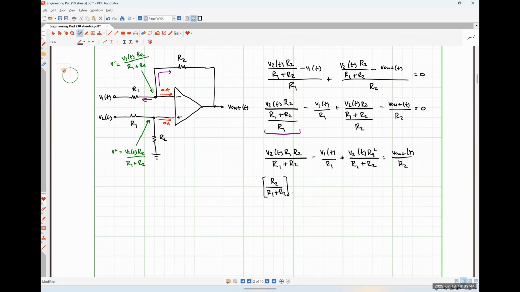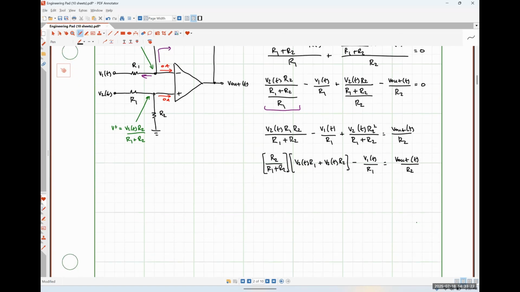Then I'm going to have V2 times R1 plus V2 times R2, minus V1 over R1, is equal to V out over R2.